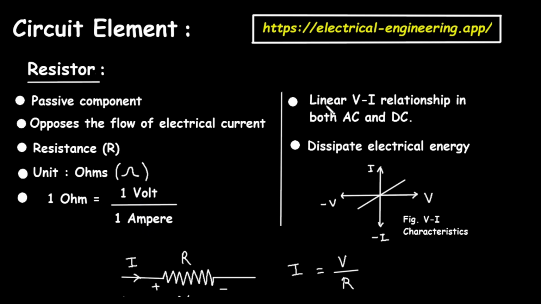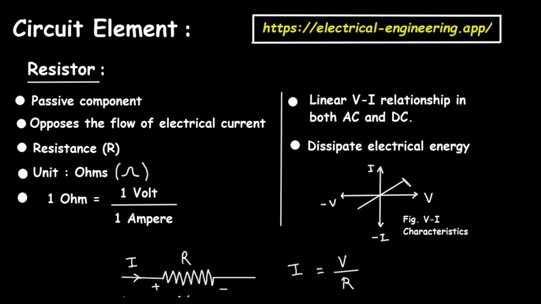Here we can see linear VI characteristics, or linear VI relationship, in both AC and DC. This is the VI characteristics graph for a resistor. On the x-axis we have taken voltage, and on the y-axis, or vertical axis, we have taken current.